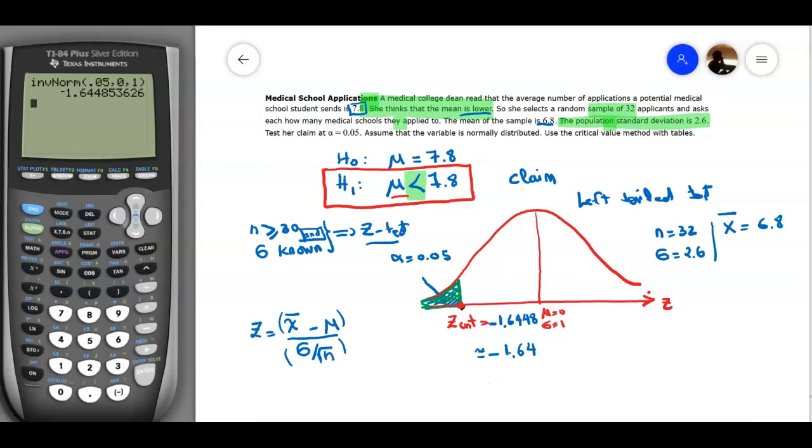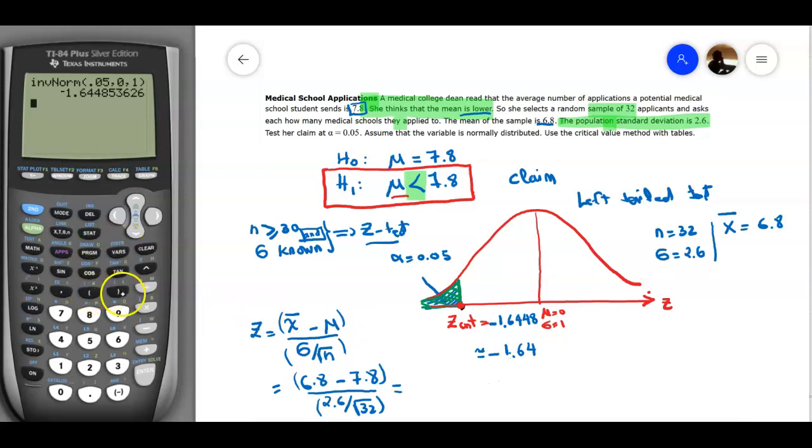So plugging in the values, you're going to have 6.8 minus the mean, which is 7.8, divide everything by 2.6 divided by radical 32. Please, whenever you do this, use the parentheses on the calculator.